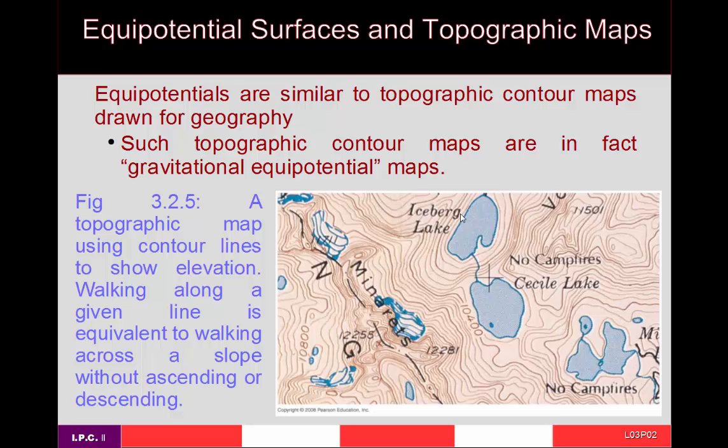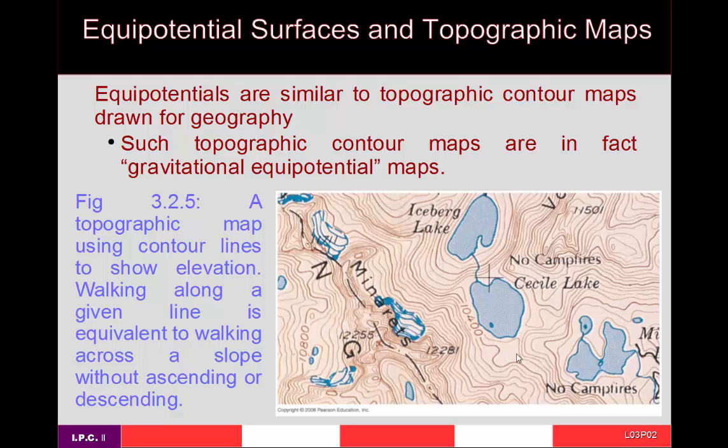So right here we have some map of maybe a campground with some lakes, and you can see that there are different curves that surround the lakes or surround each other. And each of these curves basically represents a same elevation above sea level. So this line right here represents an elevation of 10,400 feet above sea level.